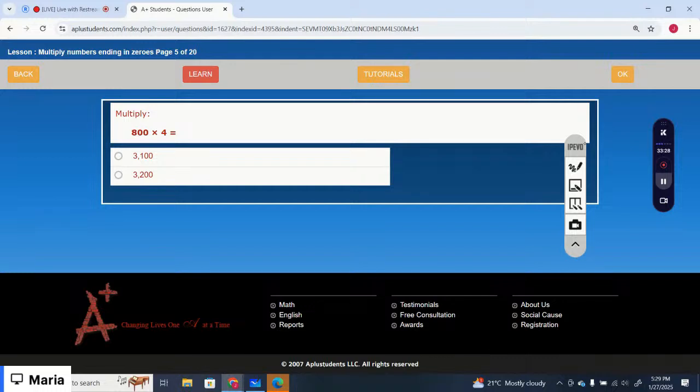So the correct option is 3200. Option number 2 is the correct option.